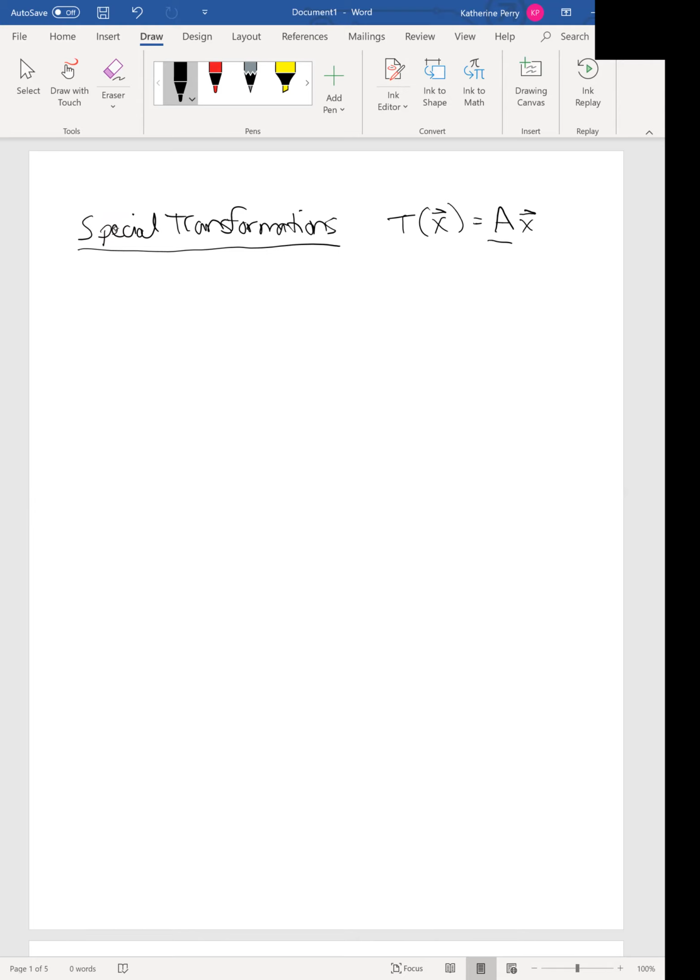So for the first example, I want to consider the transformation where the matrix A looks like this, 1, 0, 0, 0, 1, 0, 0, 0, 0.